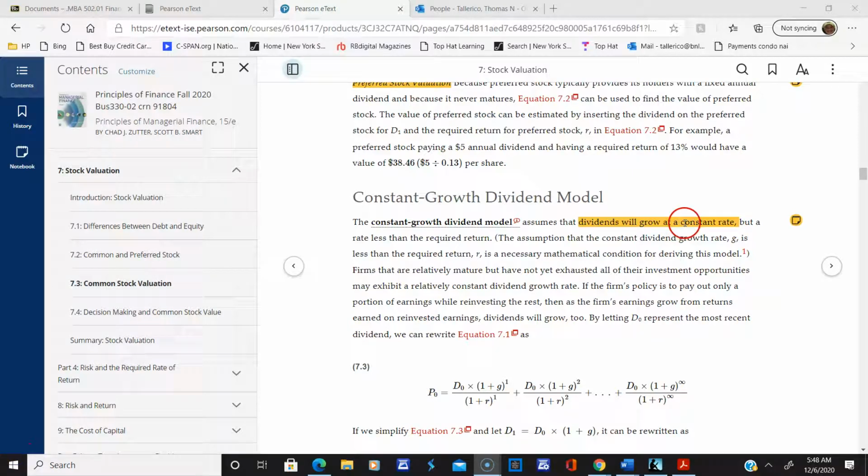It grows at a constant rate, but it has to be less than the required return, and we'll find out why soon. This assumption that the constant dividend growth rate is less than the required return is a necessary mathematical condition for deriving this model, and you'll see why in a minute.